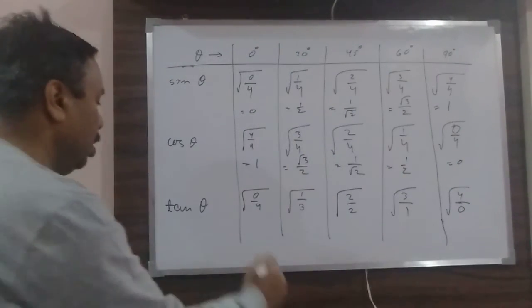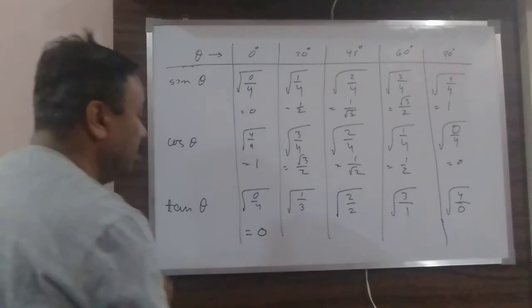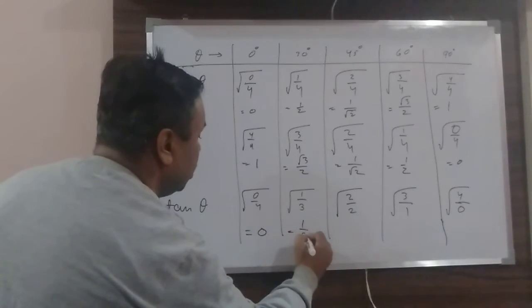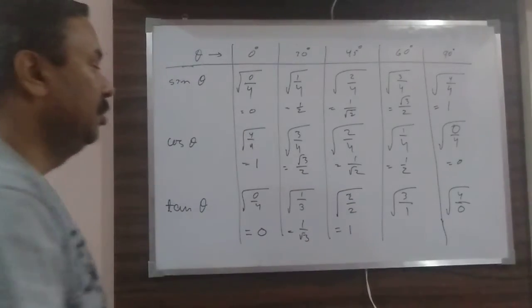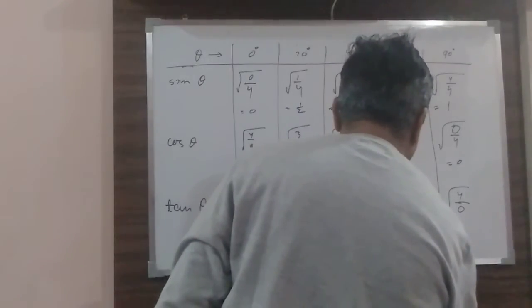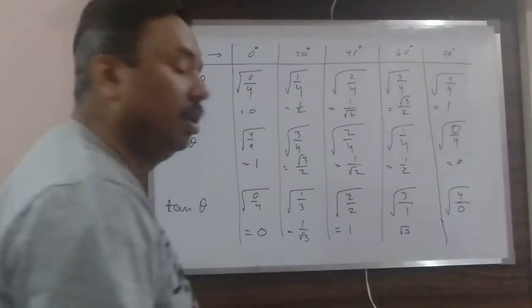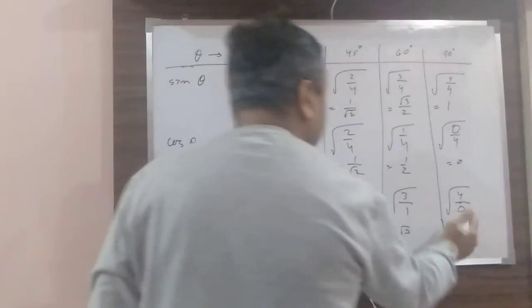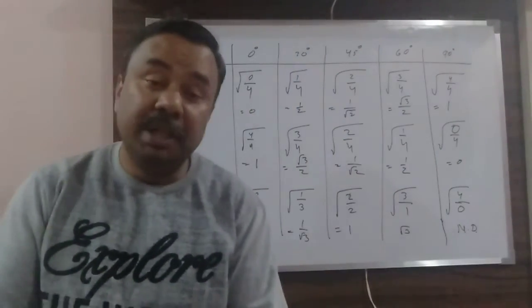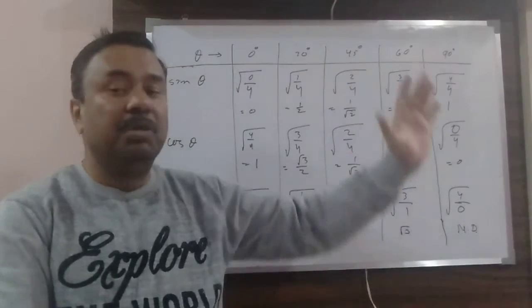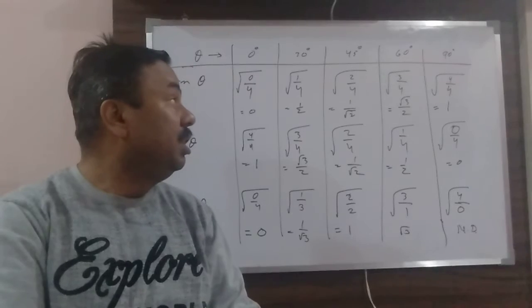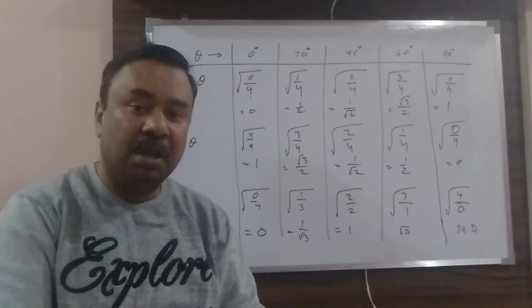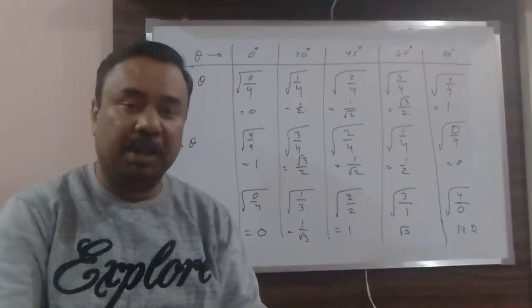So this becomes 0, this becomes 1 by root 3, these two cancel so it becomes 1, and this becomes square root of 3 because the denominator 1 is of no use. And this is not defined. So it is a better way to remember the values of the ratios for all these specific angles. Now let's move further.